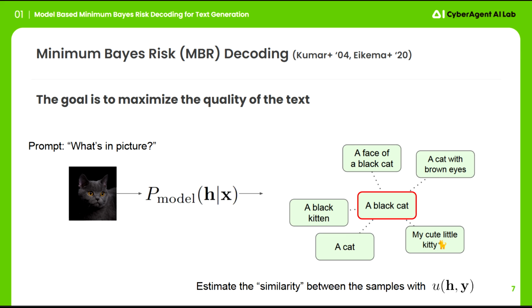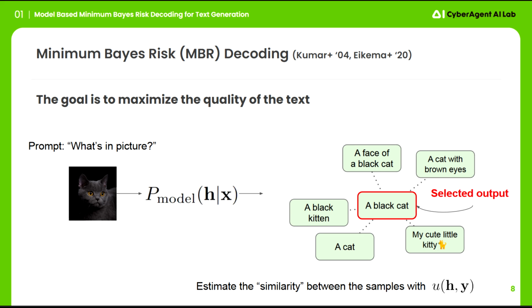What MBR does is compute the similarity between each pair of samples using a utility function U, which is basically some kind of function that computes the similarity or distance. And MBR selects the sequence or sample which has the highest similarity to all the other sequences.